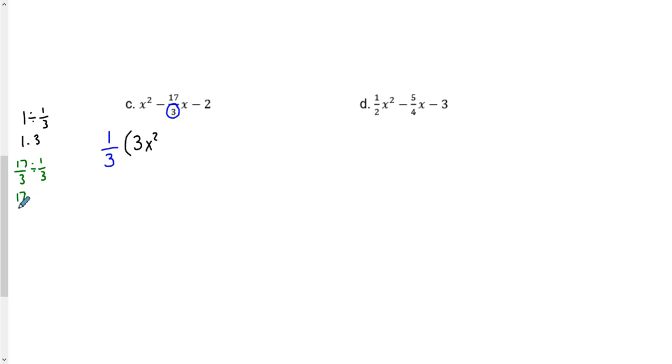So 17/3 multiplied by 3/1. The 3's are going to reduce down to be 1 and 1. So subtract 17. Last but not least, 2 divided by 1/3 means 2 multiplied by 3. Well, there's 6.